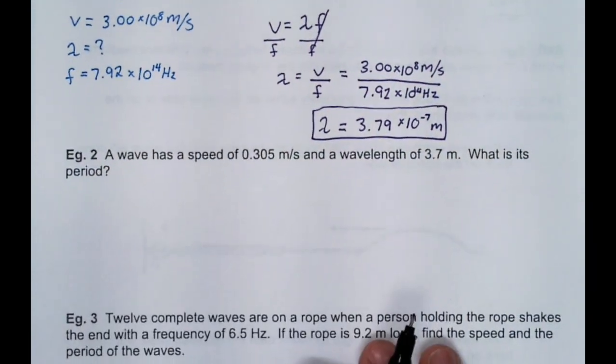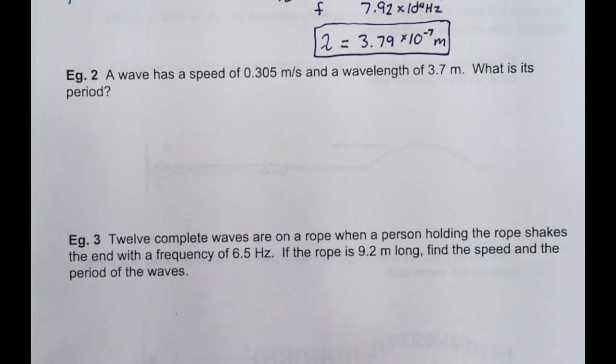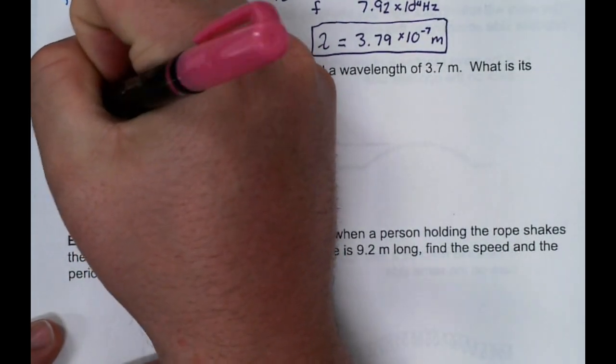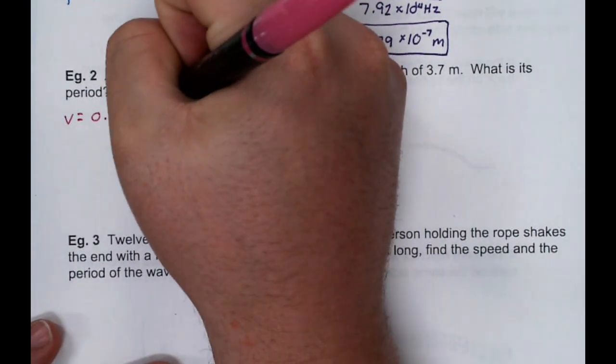Let's try another example. In this example, we have a wave that has a speed of 0.305 meters per second and a wavelength of 3.7 meters. What is the period? Again, the information that we're given is the velocity is equal to 0.305 meters per second.